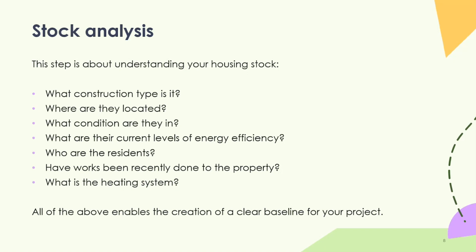They could be a good one to start targeting, and especially in SHDF Wave 3, with the recent guidance being announced on Monday, you get an additional incentive for putting forward low carbon heating measures into your program. So if you are looking at trying to include some of those low carbon heating measures, it's about identifying which of those homes have inefficient heating systems at the moment that would be worth including in your SHDF bid.